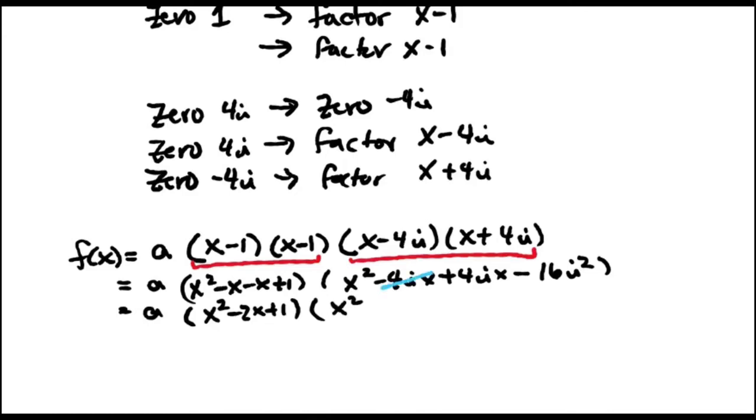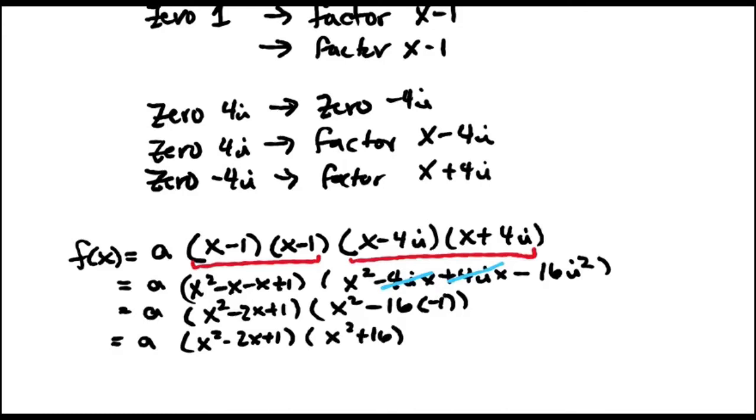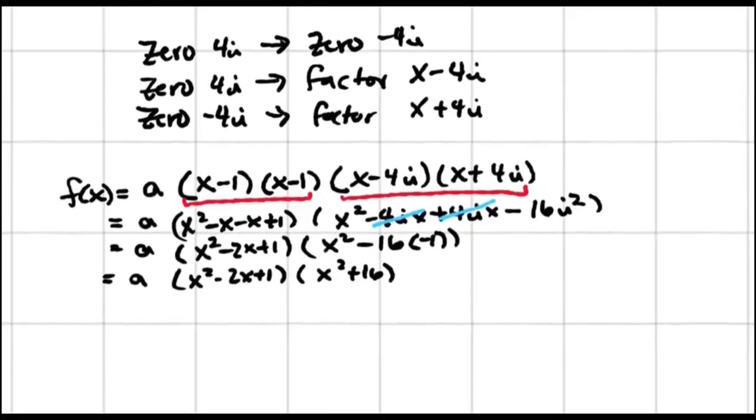Minus 4ix and plus 4ix cancel each other out. i squared is defined to be negative 1, and negative 16 times negative 1 is a positive 16. So we have x squared plus 16.